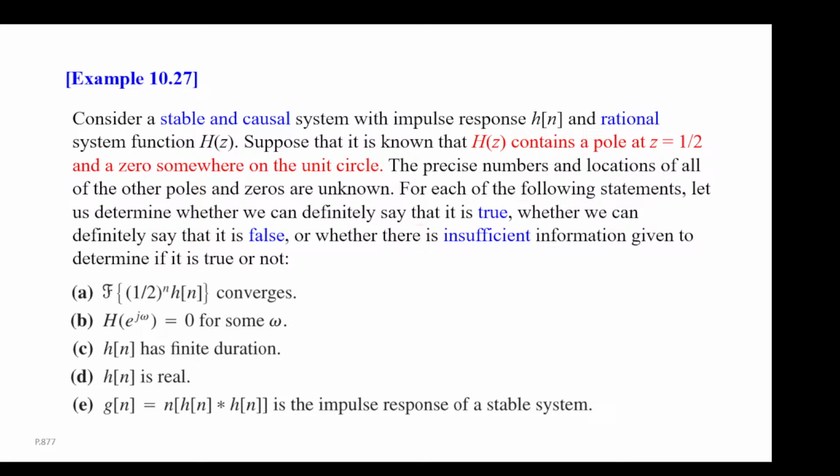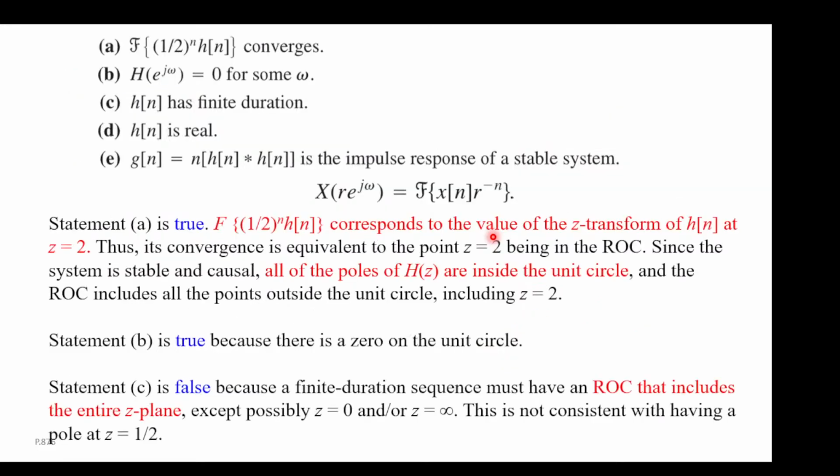H of z contains a pole at z equal to 1/2, and a zero somewhere on the unit circle. And there are other zeros. And then we have those 5 things to check.